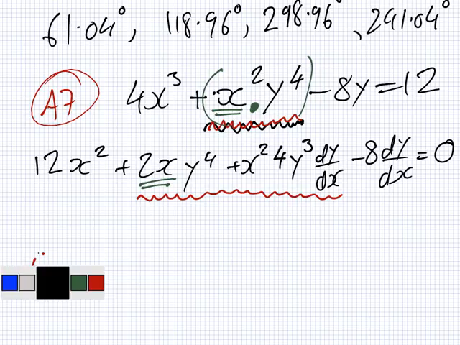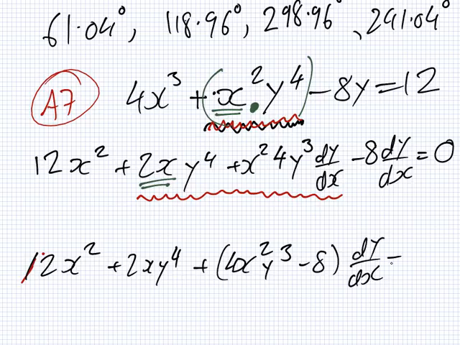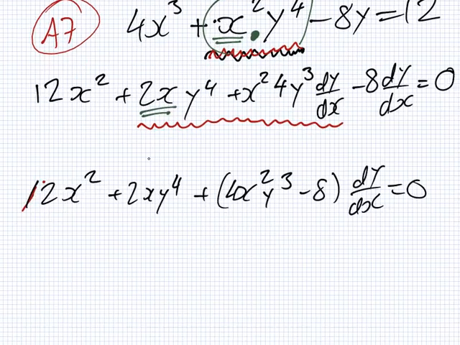So we have 12x squared plus 2xy⁴ plus x squared 4y cubed minus 8 dy/dx equals 0. So we'll take these to the right and then we'll divide by that.